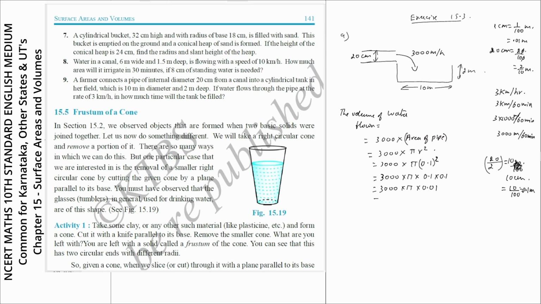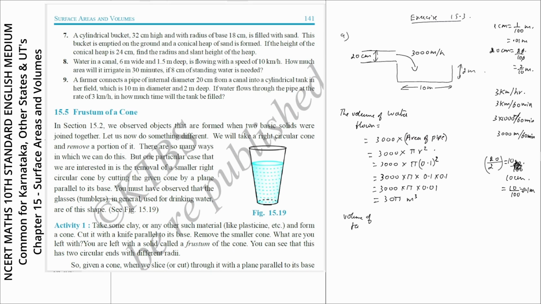So 3000 into 0.01 is 30, so I get 30 pi. This is the volume of water flown, that is this many meter cube of water is flown from the pipe in 60 minutes.